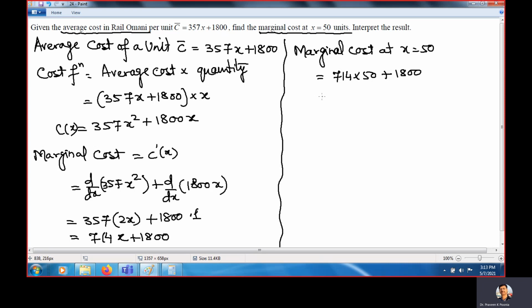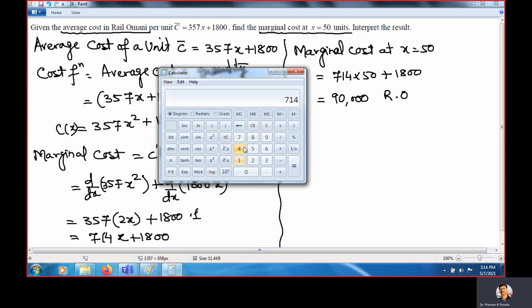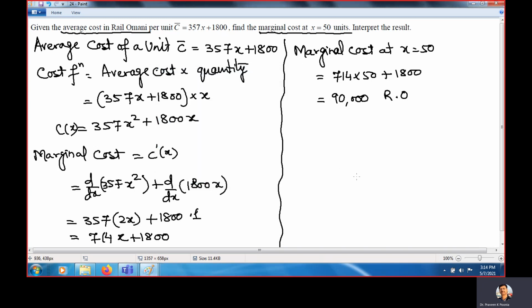The answer is 90,000 Riyal Omani. Just a minute. 714 into 50 plus 1800, it is 37500.